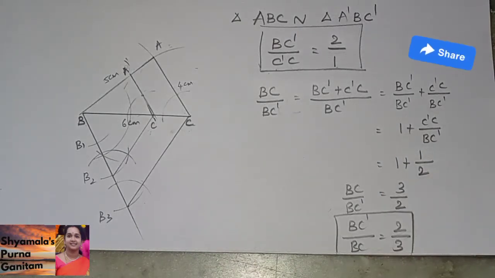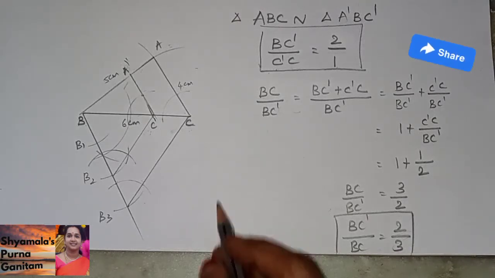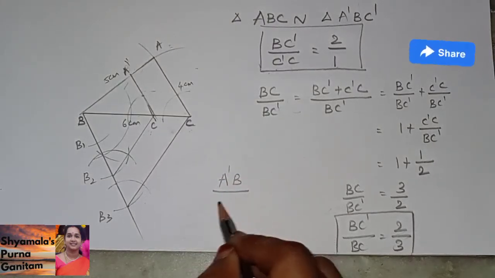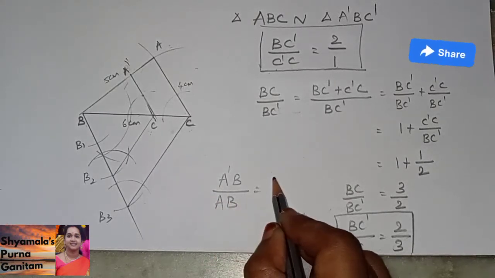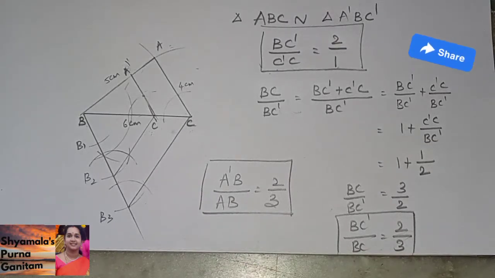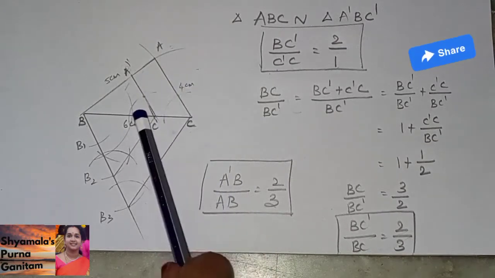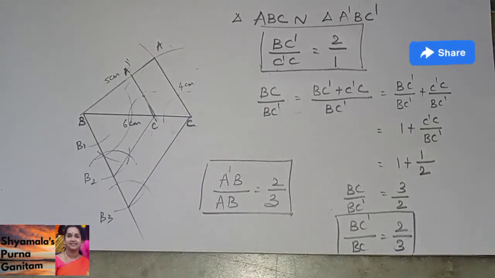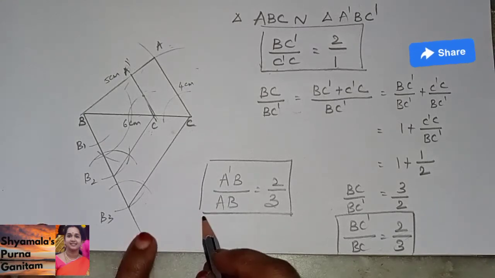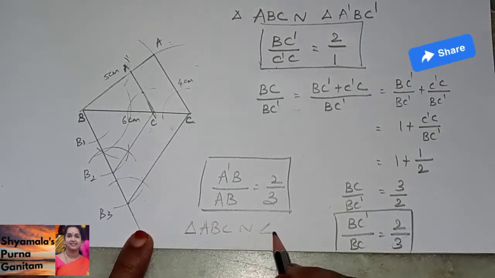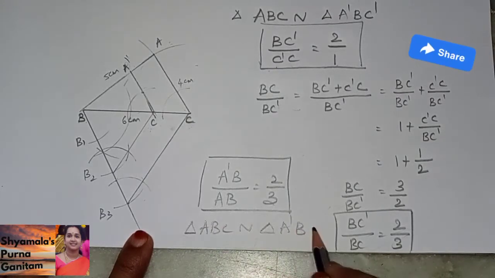The same way if we do for the other side also, A dash B by AB also we will get as 2/3. So since one pair of sides are parallel and the sides are proportional, the given two triangles are similar. That is, triangle ABC is similar to triangle A dash B C dash.